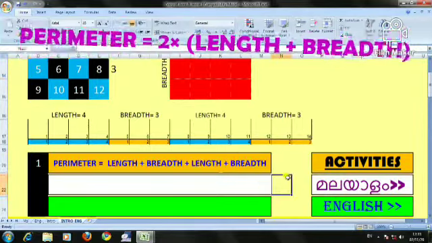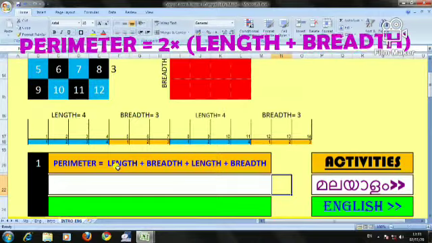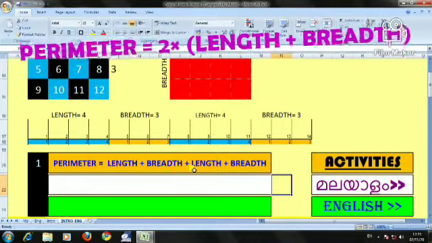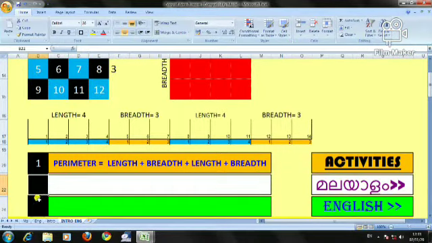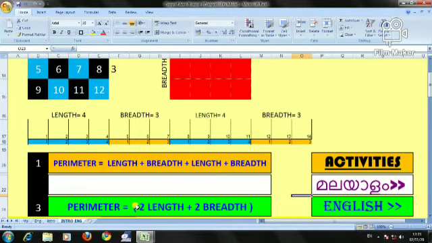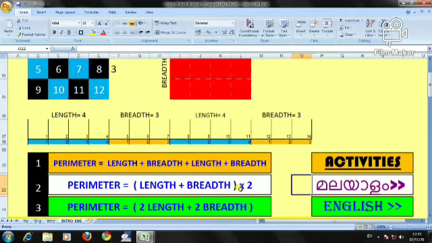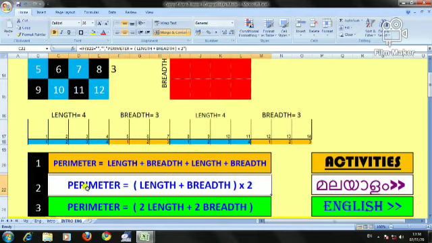Here we can see perimeter is equal to length plus breadth plus length plus breadth, or we can say perimeter is equal to 2 length plus 2 breadth, or length plus breadth into 2. So it can be termed with all these three formulas. Now let's come to the next one, our activity.